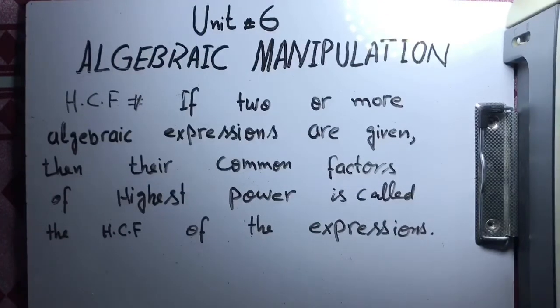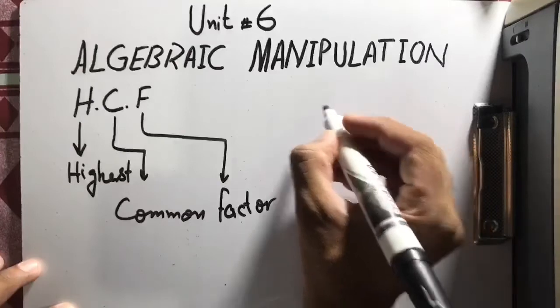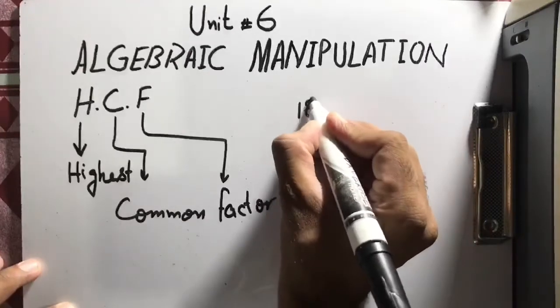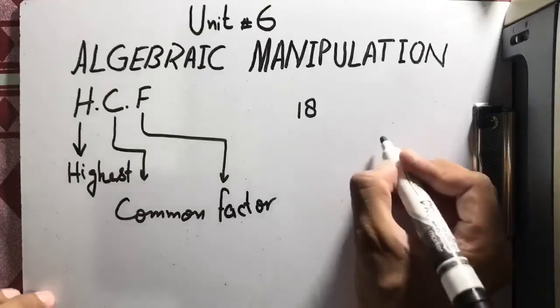So first of all, we discuss what is factor. A number which divides another number completely is called a factor. For example, we take a number 18. Now we find the factors of 18.